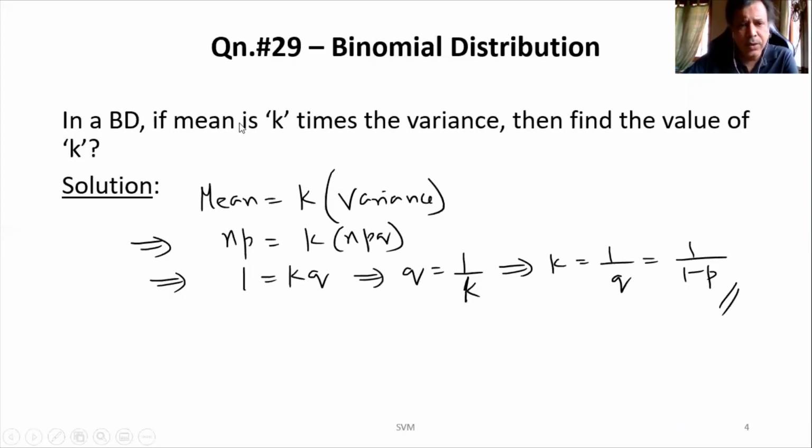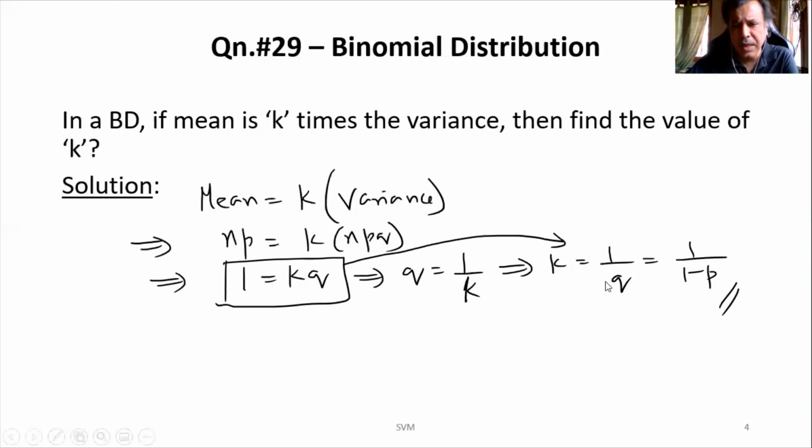Based on the question, you just wrote the formula for mean and variance of a binomial distribution and then evaluated the value of k. Here itself I could have jumped to this particular step, without needing q, and then replaced q with 1 minus p.